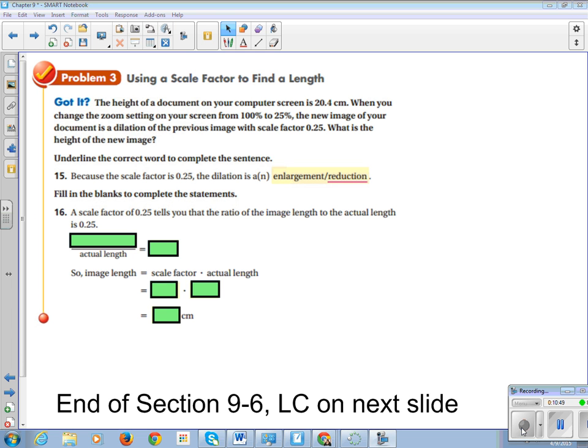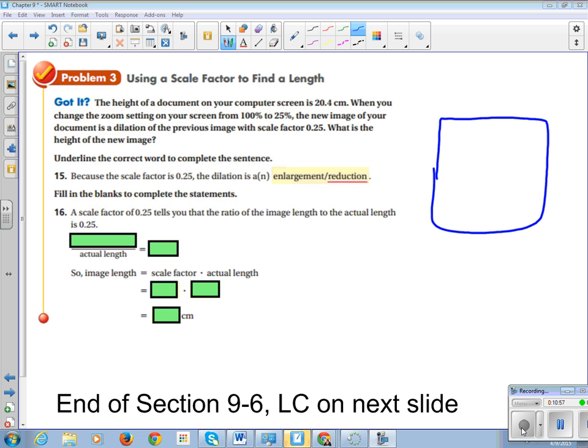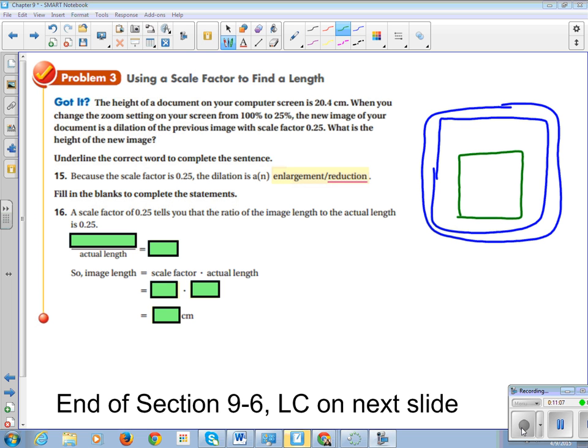Problem number 3, the height of a document on your computer screen is 20. So here's our computer. The document is 20.4 centimeters. And this is my suggestion when you're solving a problem, always draw the picture.